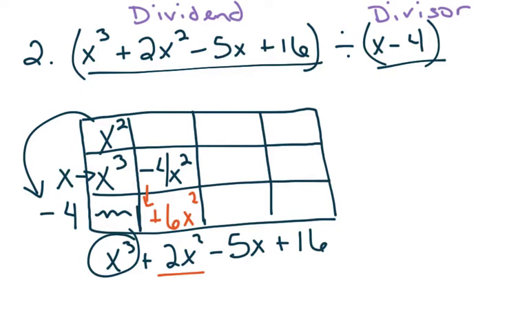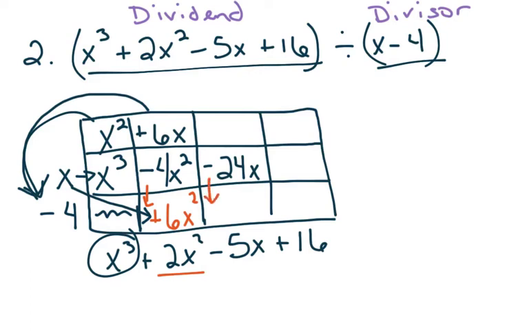So what I am going to do is I am now going to ask, what do I need to multiply x by to get positive 6x squared? That would be a positive 6x. Now I'm going to do the same thing I did before. 6x times negative 4 is a negative 24x. Go back and do the same thing. I'm going to look here. What do I need to add to negative 24x to get negative 5x?